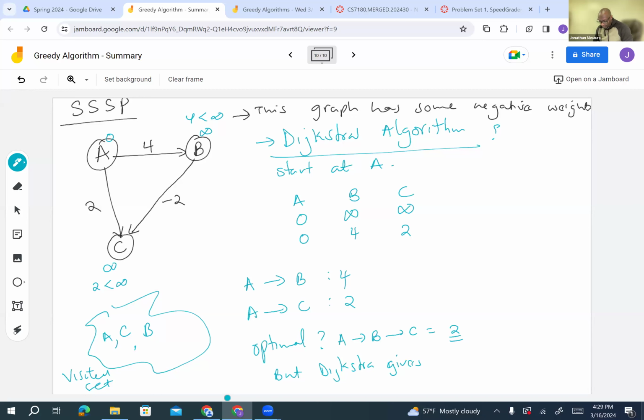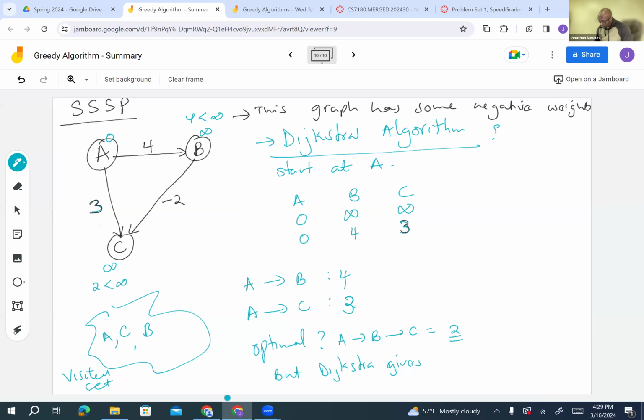But supposing C was 3 here, I'm just giving it as an example. If C was 3, then Dijkstra still would have given us 3.